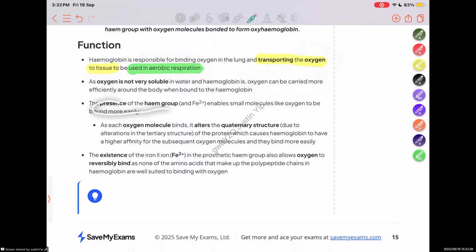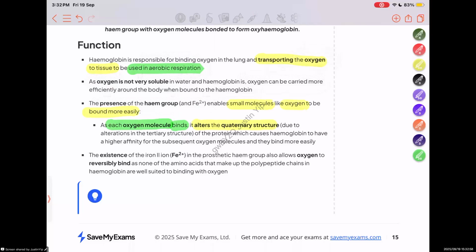The presence of your heme group and your Fe2 plus enables small molecules like oxygen to be bound more easily. As each oxygen molecule binds, it will change the quaternary structure.